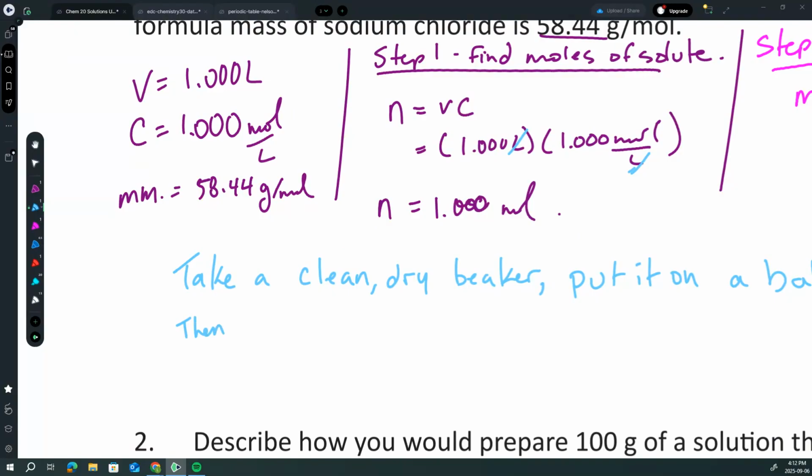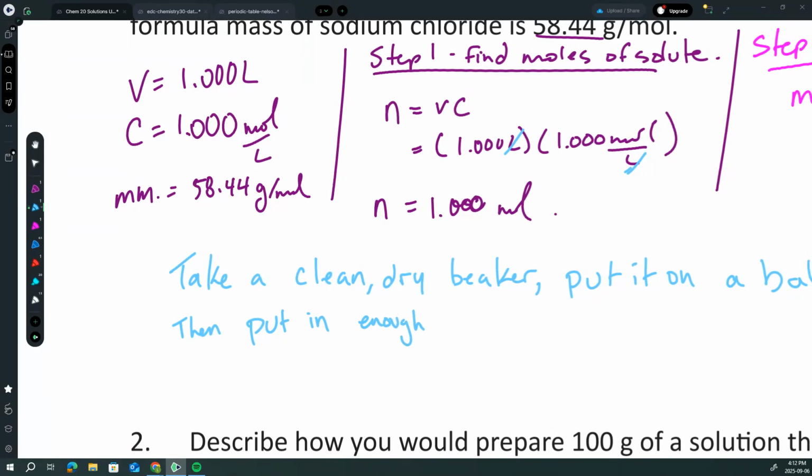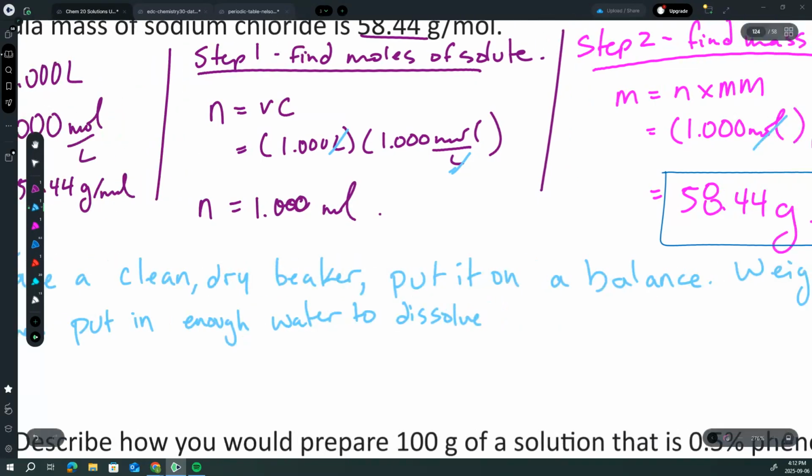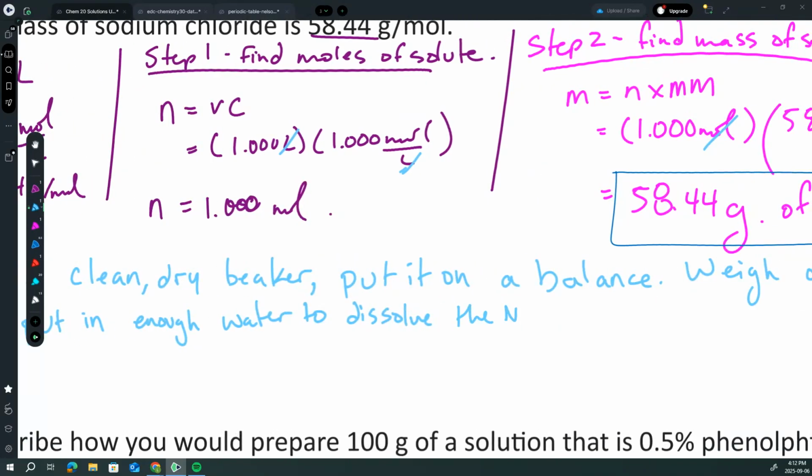Then put in enough water to dissolve the sodium chloride.